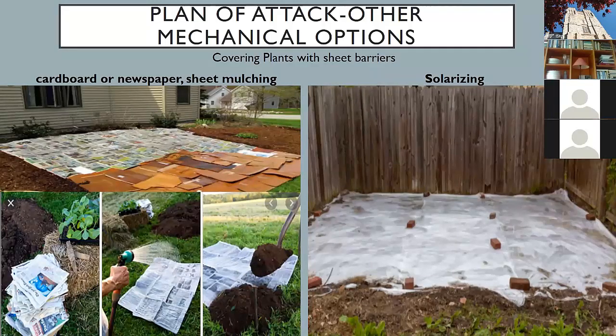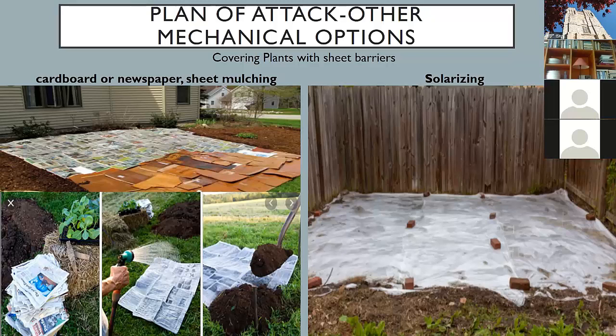You can use cardboard, making sure to remove all the tape on the cardboard, or newspaper. You want to use 10 to 15 layers of overlapping newspaper or cardboard, saturating it with water. And you can secure the area with rocks and cover 4 to 6 months and monitor for any holes.